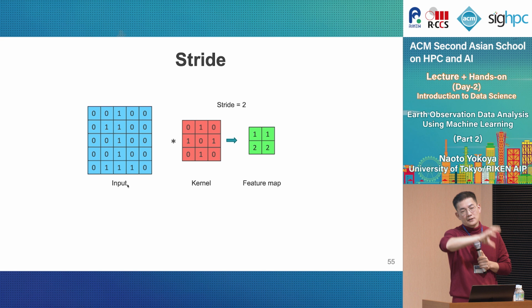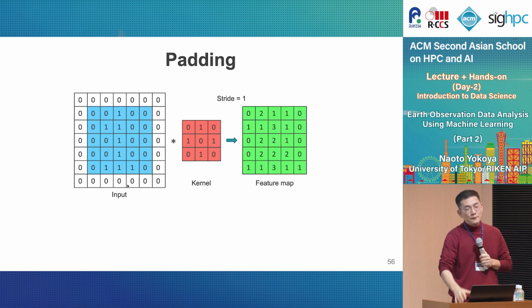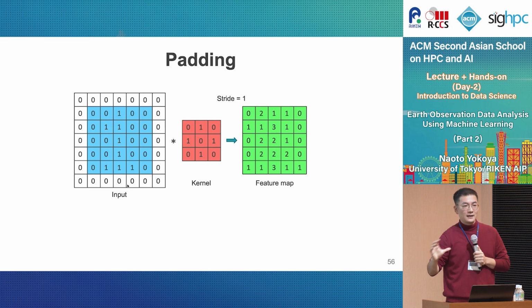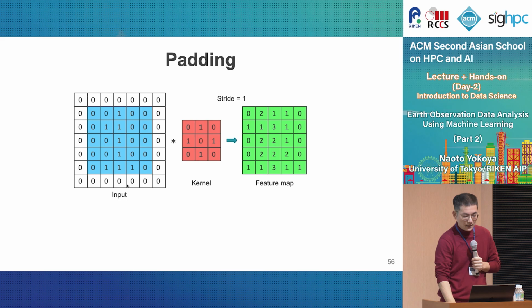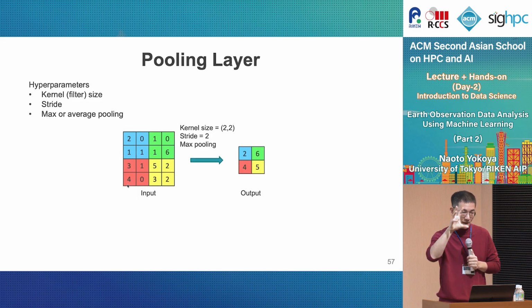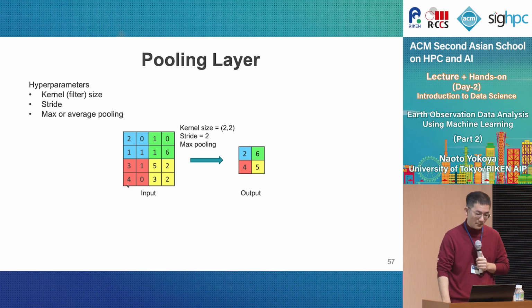You can skip 1 pixel by setting stride 2. If you want to keep the same spatial size as the input, you can add some virtual pixels around the input image, so that the scanned feature map has the same size. And this pooling is to spatially get some maximum value or average value.